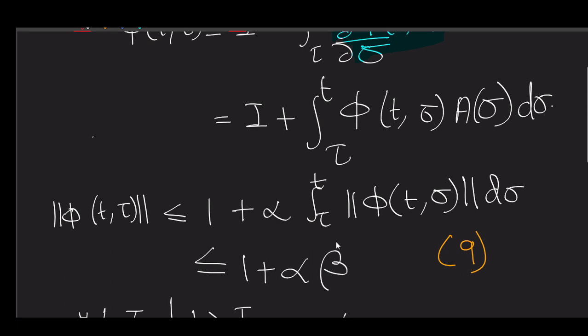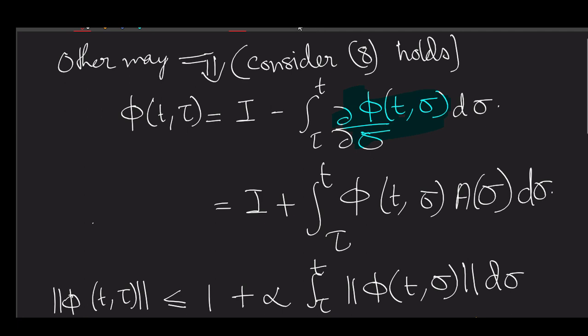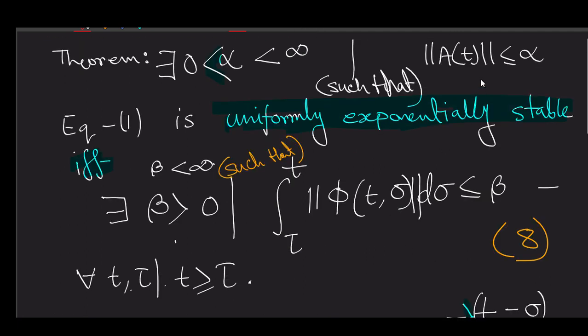What we are getting, phi t comma tau is less than or equal to 1 plus our that guy alpha. From where we got alpha? Because that statement was there, no? This one.